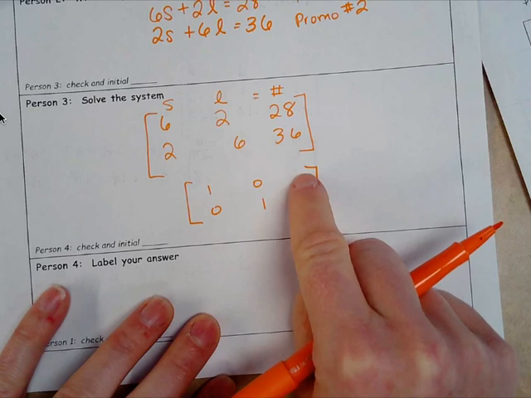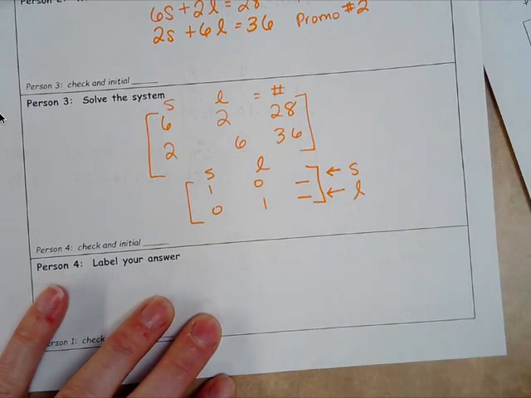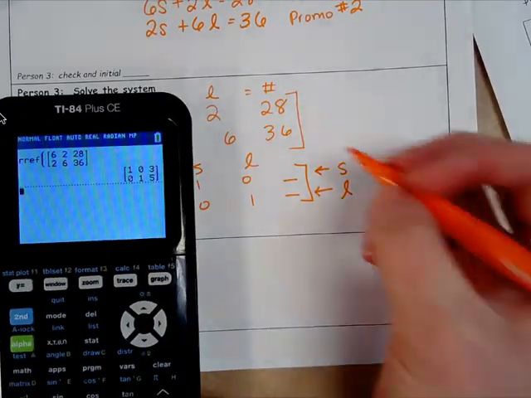So the only thing that you're going to fill in is those last 2, which will tell you if this is S and L, then this is S and this is L. So go ahead and put that in the matrix if you have not already done so. So whenever you put it in, it should come out like this.